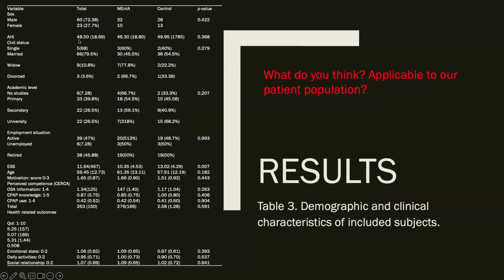For the standard group, the patients' average AHI was 48.5, and the standard deviation was 18.69. That translates to a range of about 30 to 61. So most of the patients they had were those with diagnosed severe sleep apnea.